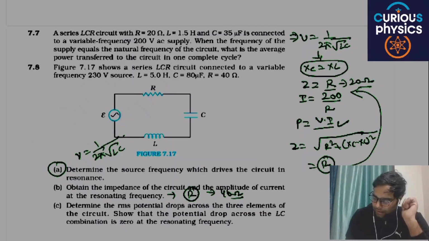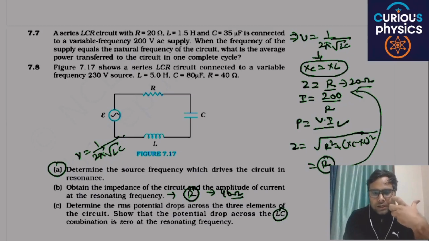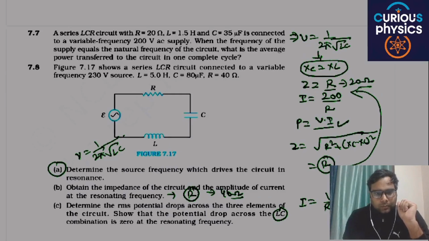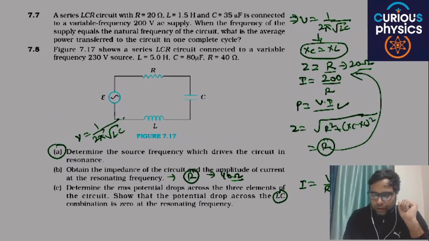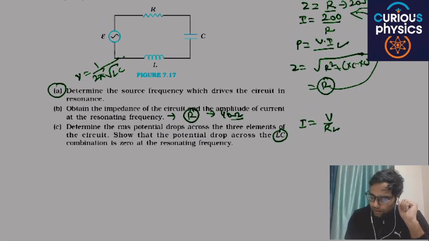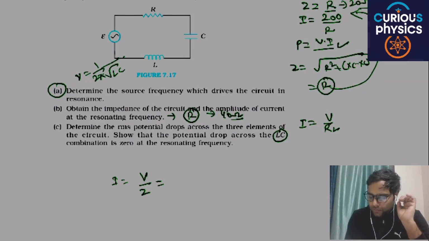At the resonating frequency, first of all you have to find the value of current, and the current will be nothing but V by R, because impedance is equal to R. Here the value of current will be V by Z, and at the resonating frequency V by R, because XL is equal to XC.